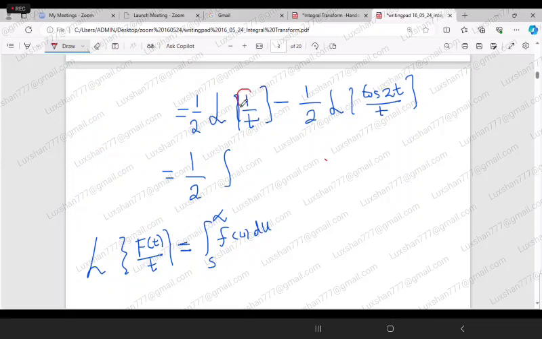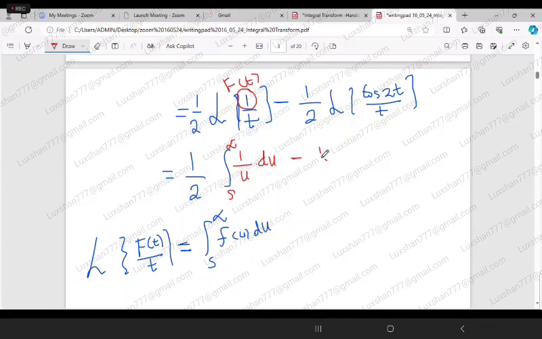So what is F(s)? That is 1 over s, but we are writing the function in u. Therefore, this is 1 over u, where u varies from s to infinity.